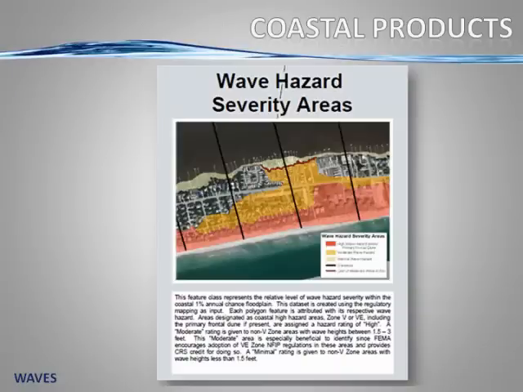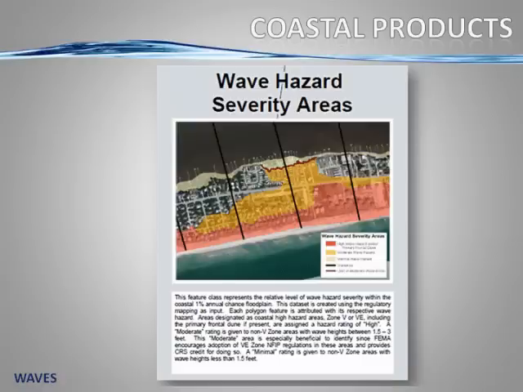The wave height severity analysis represents the relative wave hazard impact. So even if you're not in a V zone, you could still be impacted by waves. What this is saying is, within this area, the highest risk; within this area, you have moderate risk of being impacted by waves.